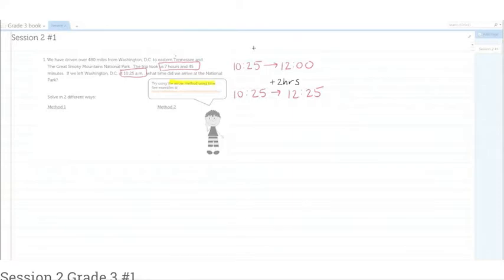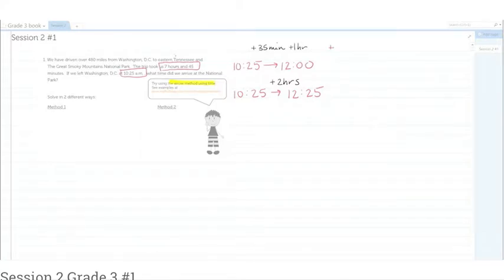In the first situation, you have to do some mental math or some conversions. So some people might say plus 35 minutes to get them to 11 o'clock and then plus 1 more hour to get them to 12 o'clock. In either case, we're at 12 o'clock or in the 12 o'clock time frame.